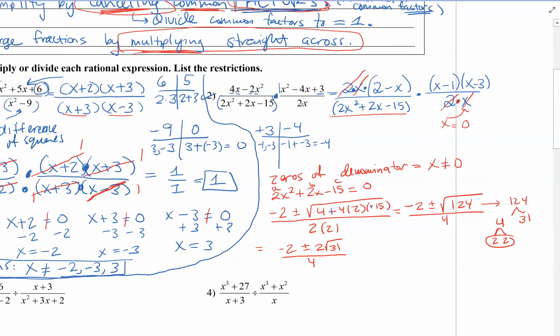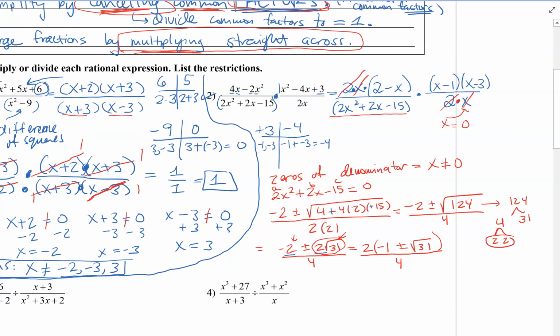And then since I have a common factor of 2 in my numerator, I can factor that out, pull that out from the numerator, leaving me with a negative 1 from here, and then a plus or minus 1 times the square root of 31 from here. This is all being divided by 4.